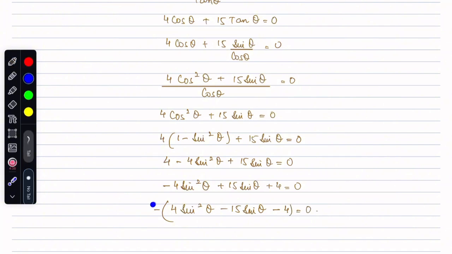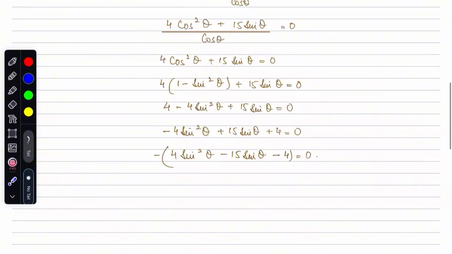So this negative here, when taken to the right side, gets divided, 0 divided by a negative 1. Obviously this needs to get eliminated, and the final answer that I should be having here is 4 sine square theta minus 15 sine theta minus 4, which then shall be equal to 0.